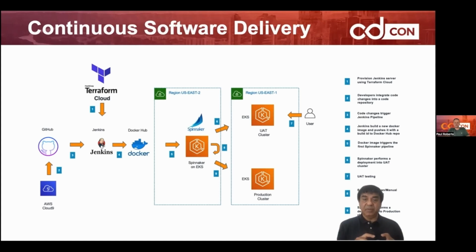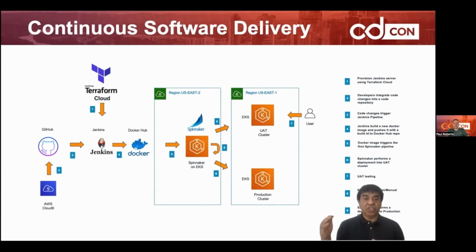It's like woven in, and it works from end to end. Now, once a Spinnaker pipeline gets executed, within the pipeline you will have a number of stages. And I will be using 3 different pipelines for this demo, which I will show you shortly.